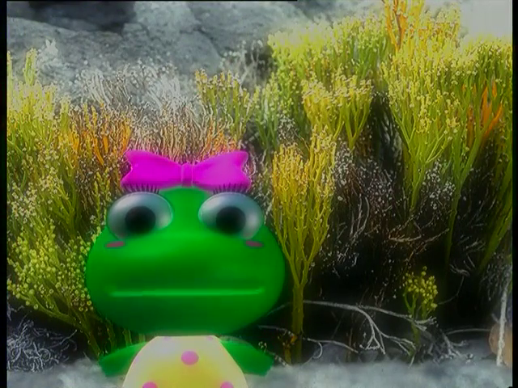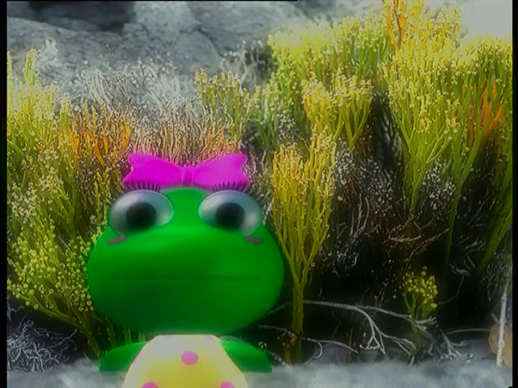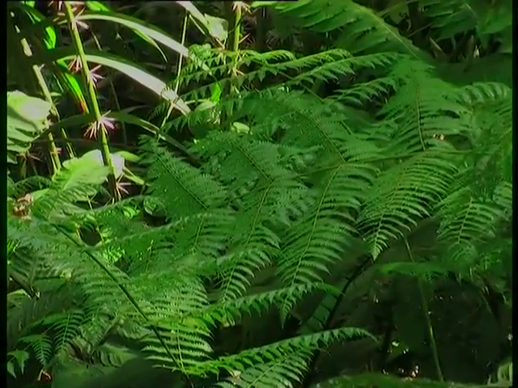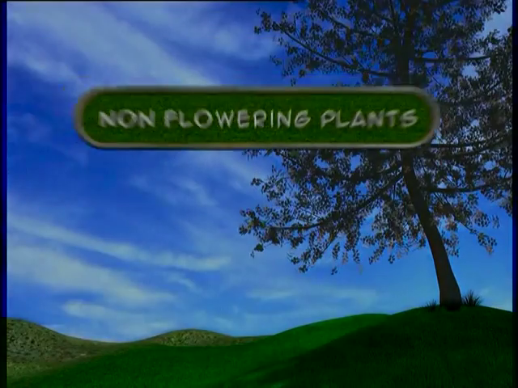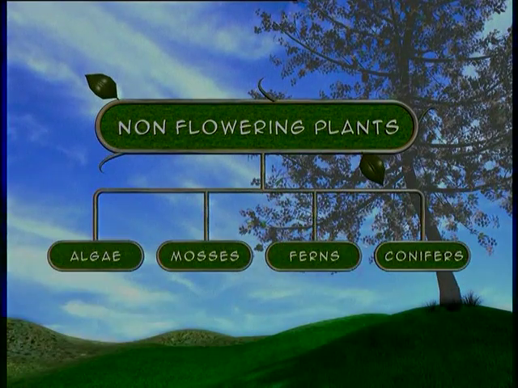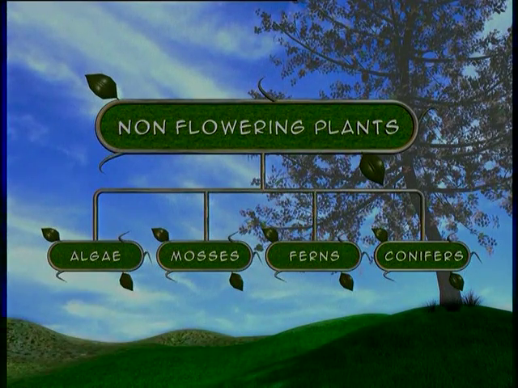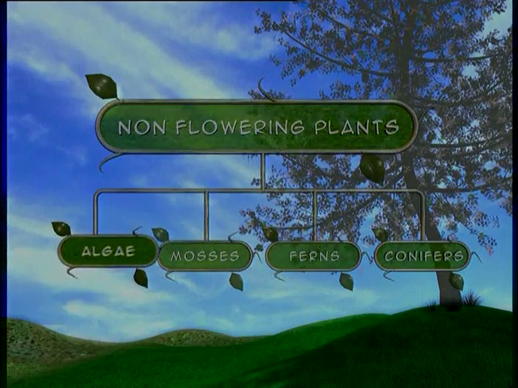Since they do not have flowers, they cannot have seeds. They grow spores instead of seeds. Non-flowering plants can be divided into 4 groups: algae, mosses, ferns, and conifers.